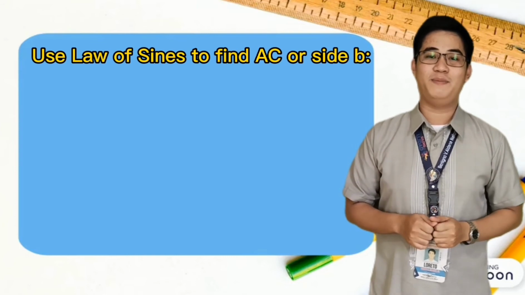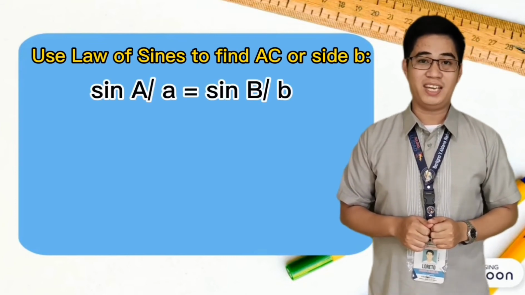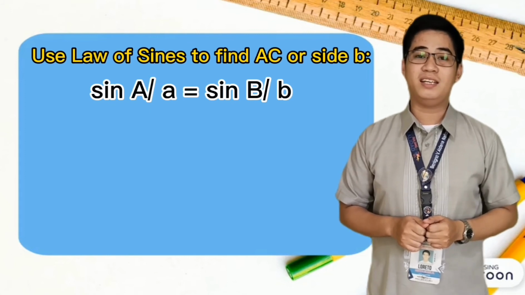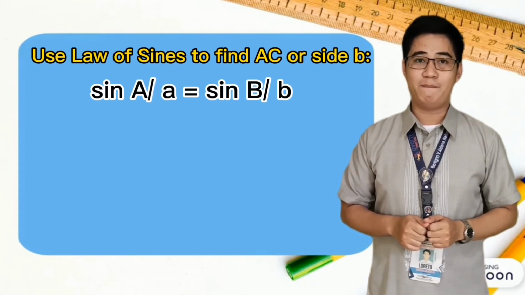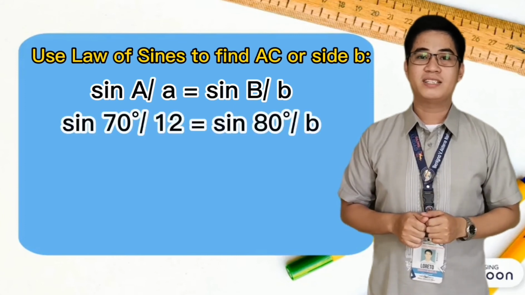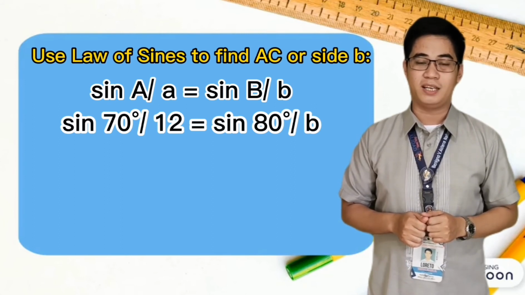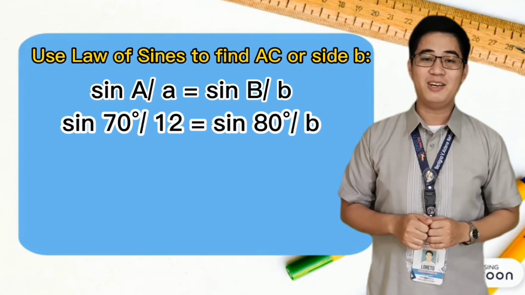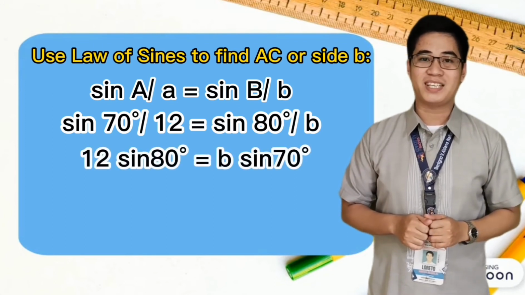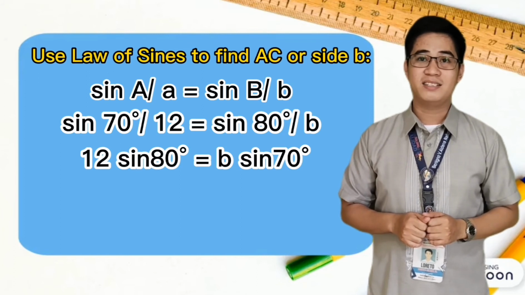The formula to solve b: we have sine of angle A over a is equal to sine of angle B over b. Substitute the given values, we have sine 70 degrees over 12 is equal to sine 80 degrees over b. Cross multiply, we have 12 times sine 80 degrees is equal to b times sine 70 degrees.